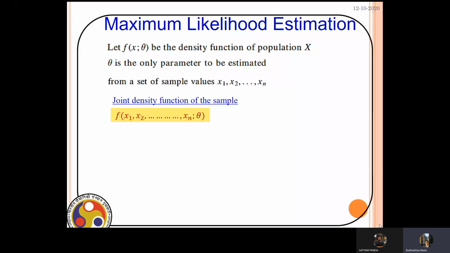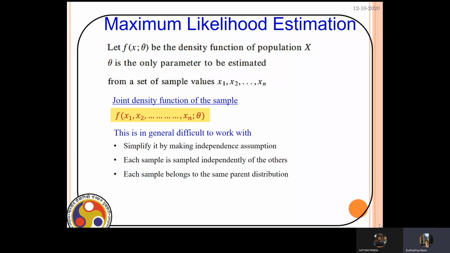This assumption is very important, because now this n-dimensional PDF becomes a product of n one-dimensional marginal PDFs. So we make use of the independence assumption. Each sample is sampled independently of the others, and each sample belongs to the same parent distribution. This is what is called IID sampling, or independent and identically distributed sampling.